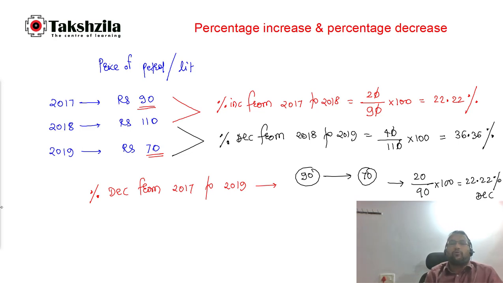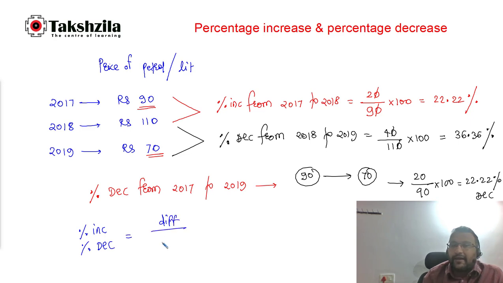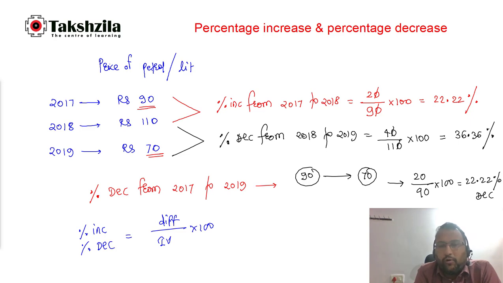So the formula that you can remember to find percentage increase or percentage decrease is equal to difference divided by initial value, into 100. Now what do we mean by initial value? We were dealing with percentage increase from 2017 to 2018, so the value corresponding to the year 2017 acts as the initial value.